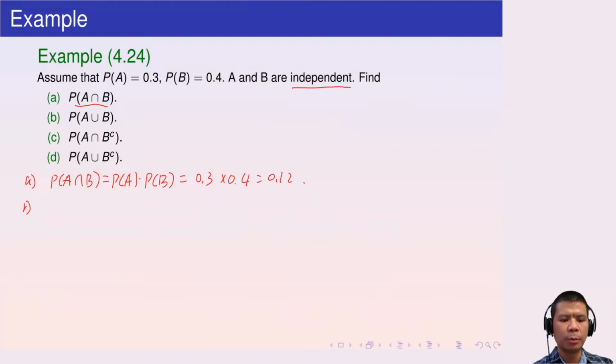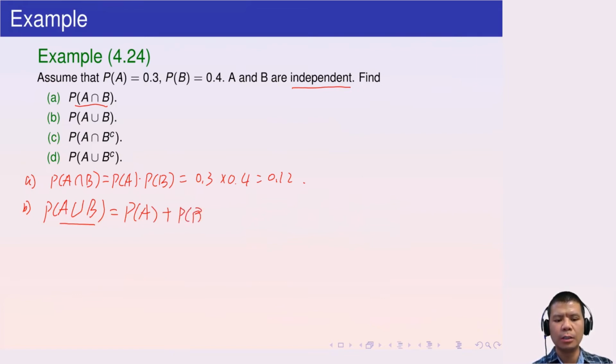Similarly, the probability of A union B, well, this is the probability of the union using the addition rule, right? So probability of the first plus probability of the second event minus the probability of their intersection. Be careful, minus the intersection.